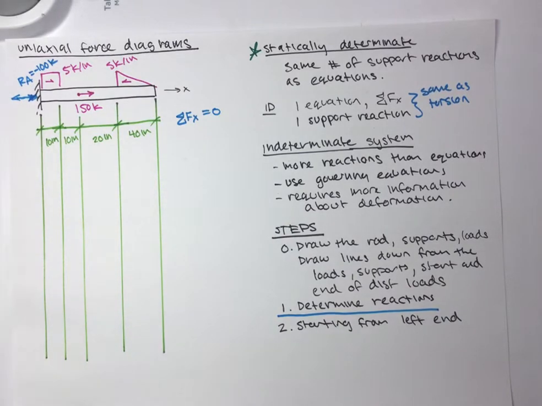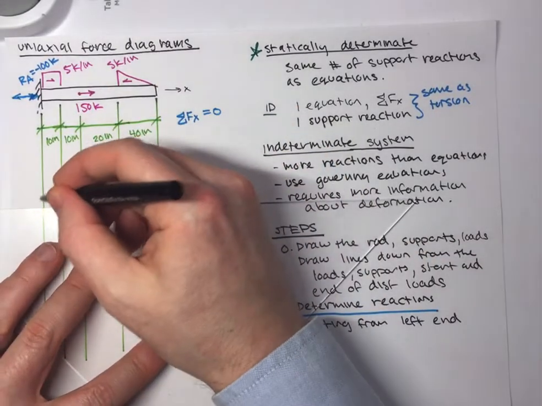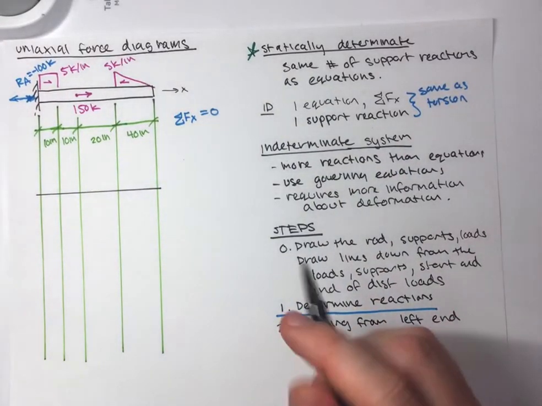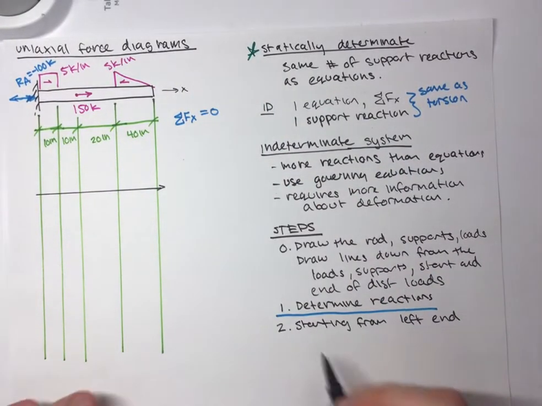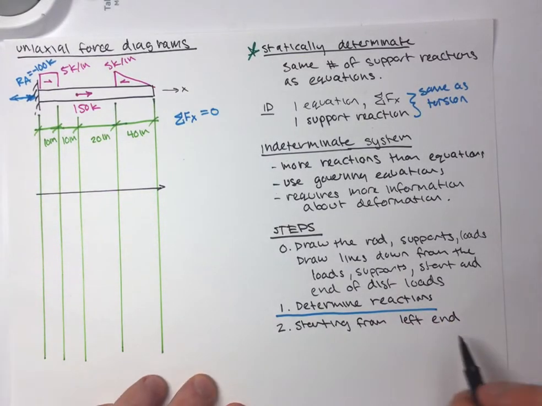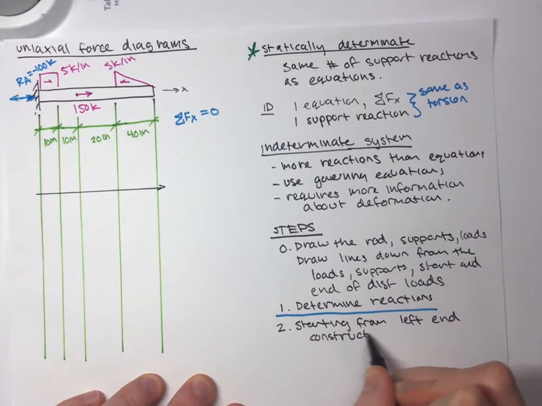And then I should draw out my axis here. So my axis is going to look something like this. There's my axis. We're going to start from the left side, move to the right side, and construct our axial force diagram.